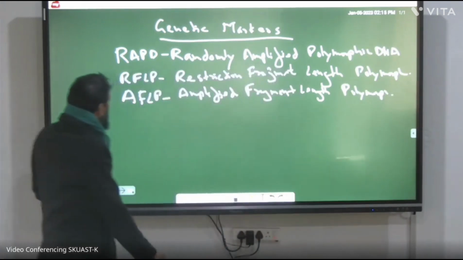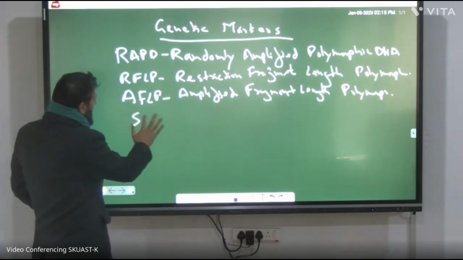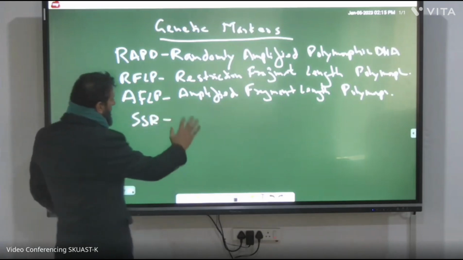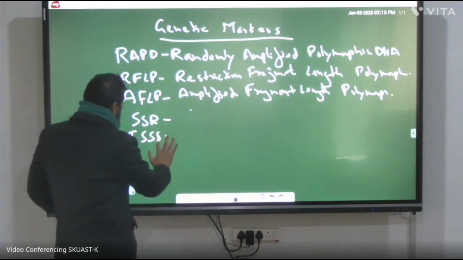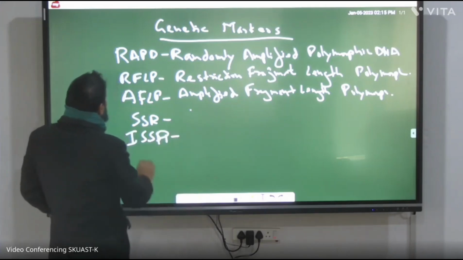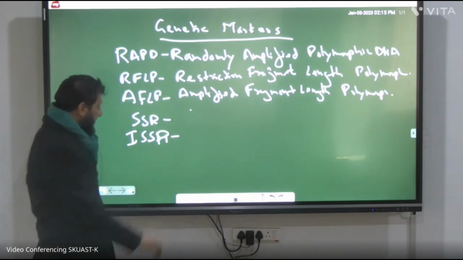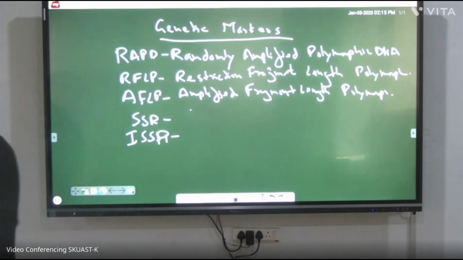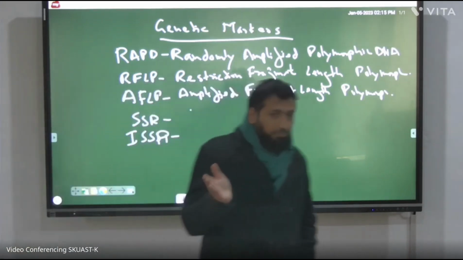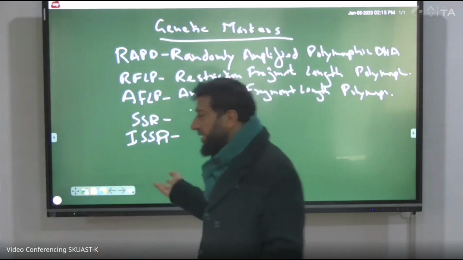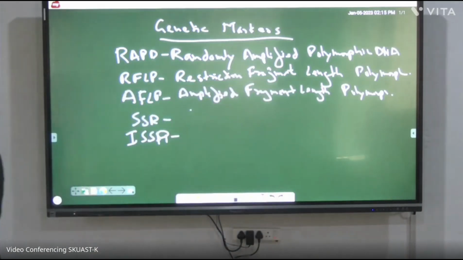Okay, and besides these, you have your SSRs, simple sequence repeats, ISSR, intersequence specific repeats. So these are main markers we use to differentiate between two organisms, two varieties, right? कोई शक? No sir.